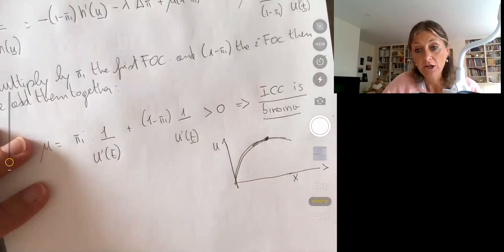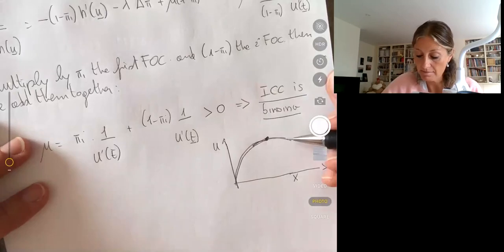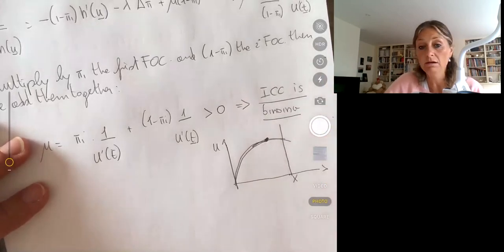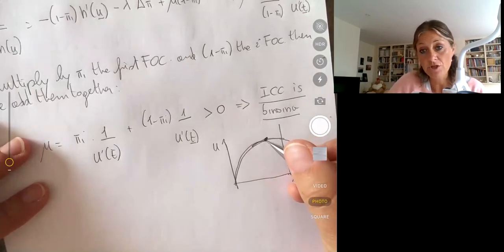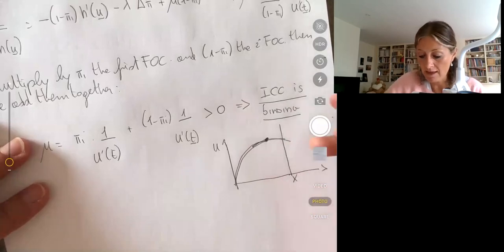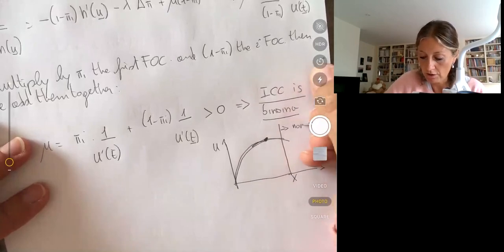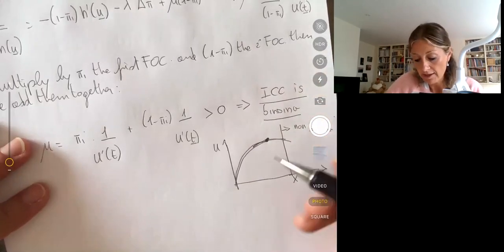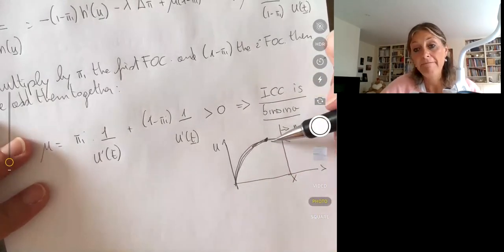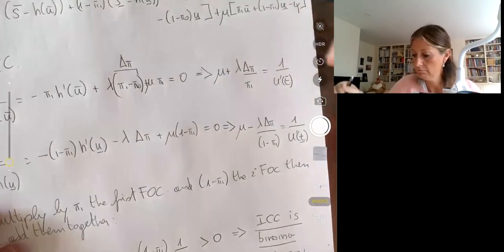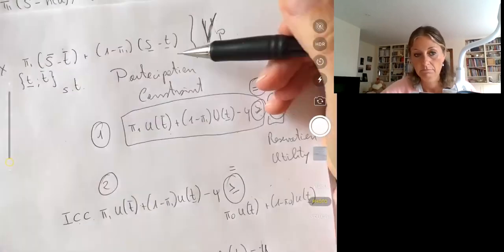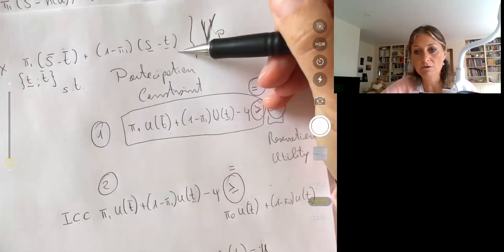If I have a constraint that meets the utility function here, we can see that the maximum has already been reached by the function by itself. It means that the constraint is non-binding, and the maximum can be found just using the utility function.